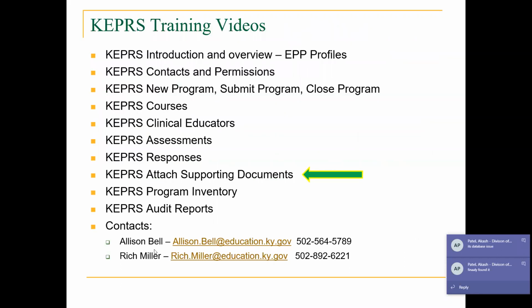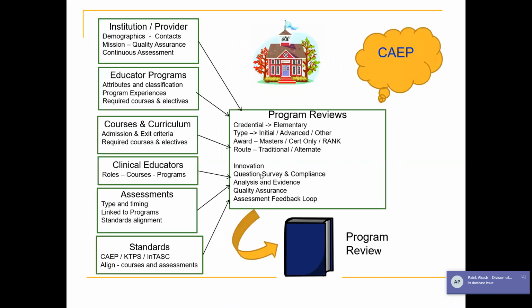This particular video is a group of about 10 or 12 videos that we will be making, and this is going to focus on the attached supporting documents. The reason we do this is the overall program review process in Kentucky and on the KEPRS system is made up of a variety of data, including the overview information about the institution and the provider. We gather information about the educator programs themselves.